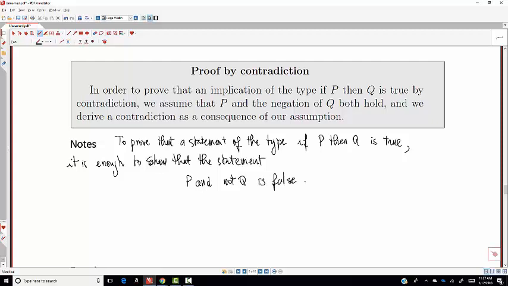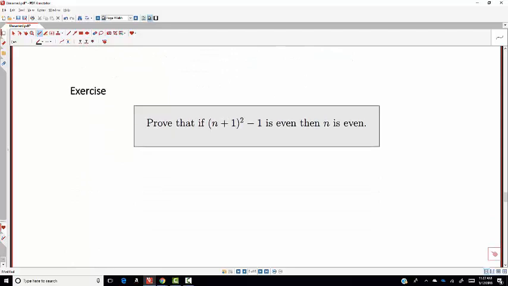And this proof strategy is called proof by contradiction. All right, so let's get started.